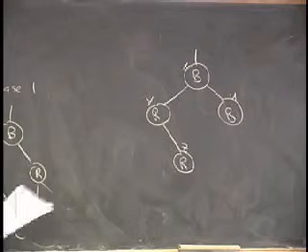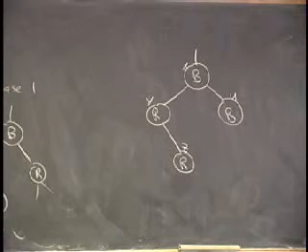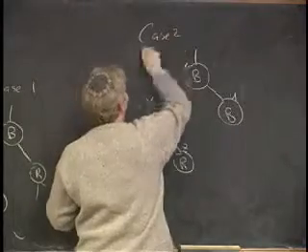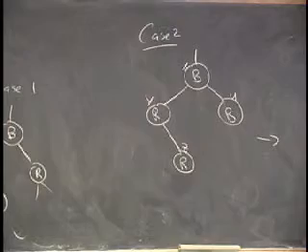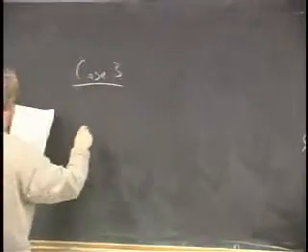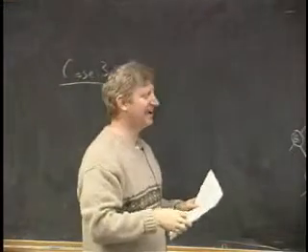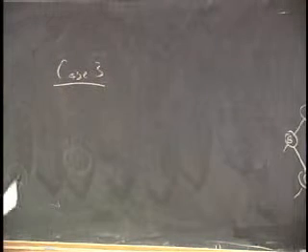This is a harder situation. You know what? I'll do it last because it's harder. I'm going to do case 2 last. I'll do case 3 here because it's easier.